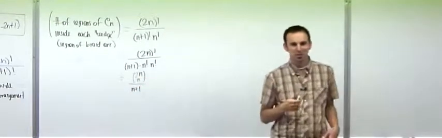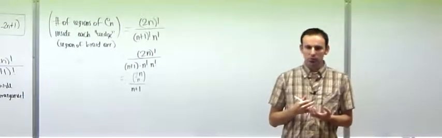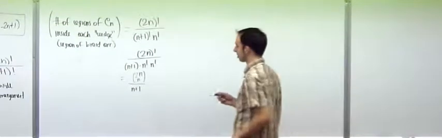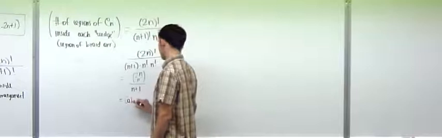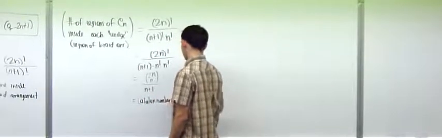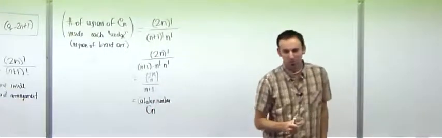Okay. And maybe I can see a couple more nods now. Maybe that looks familiar. These are exactly the Catalan numbers that we've discussed. These numbers are the answer to everything.